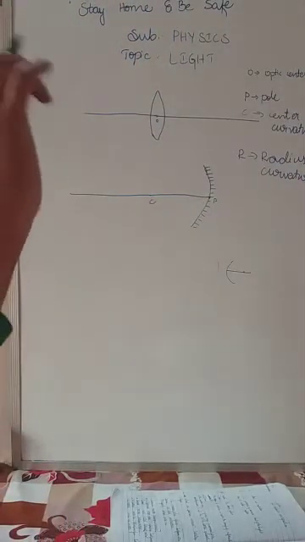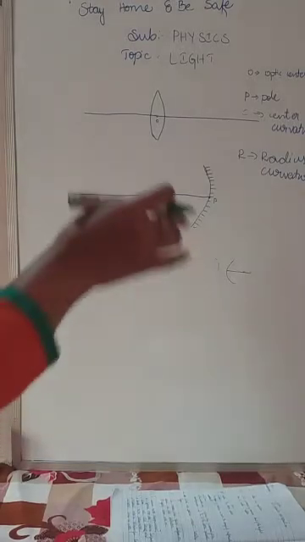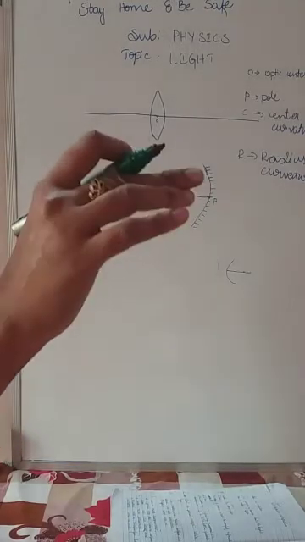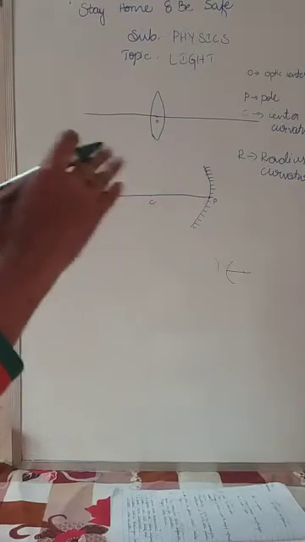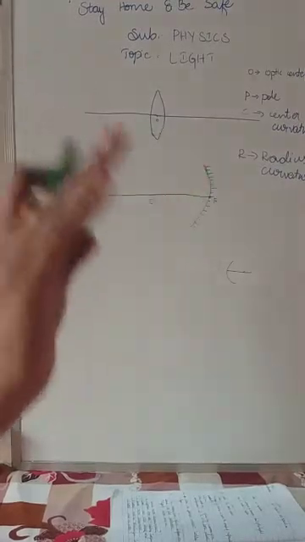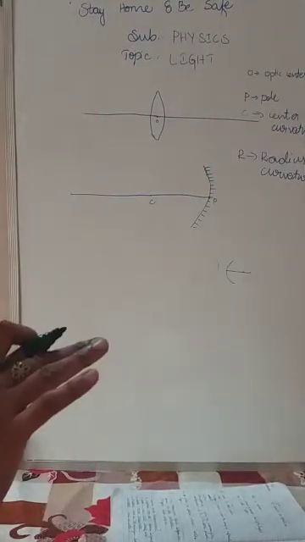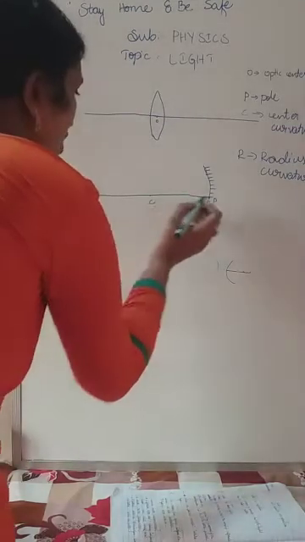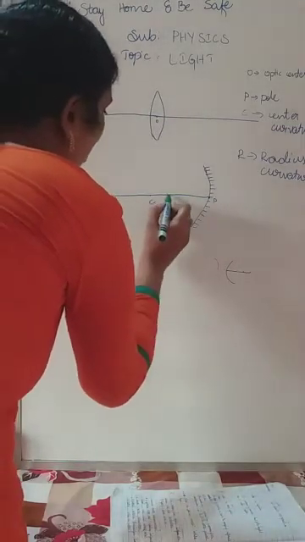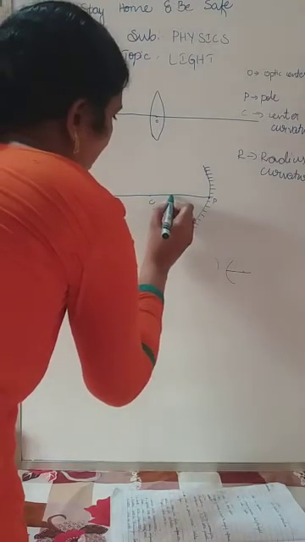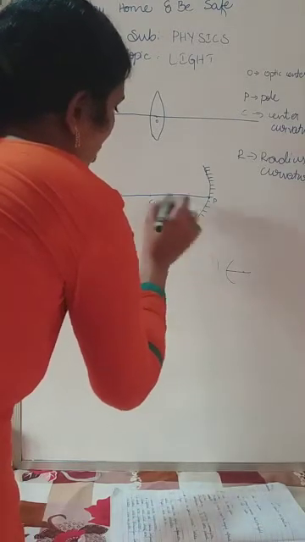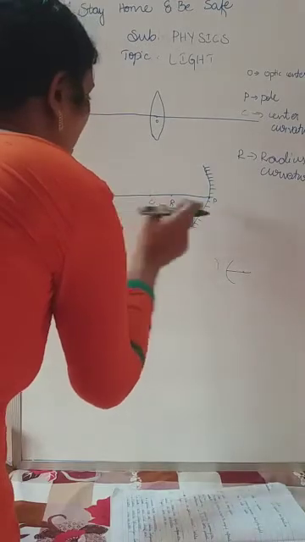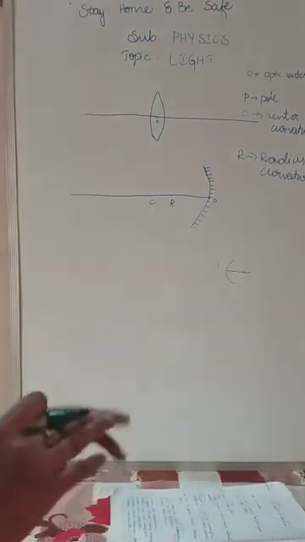The radius of the spherical mirror, or the radius of the reflecting surface of the mirror, is called the radius of curvature. So this radius of curvature, we can see here how much it can vary. The distance can vary, here or here. It is varied. It's not fixed.